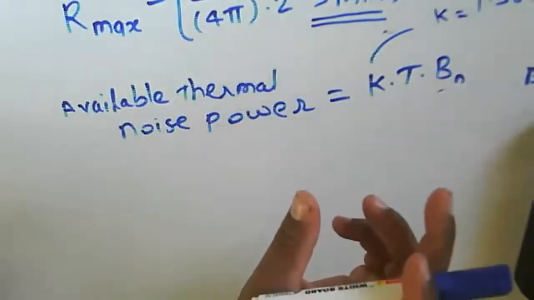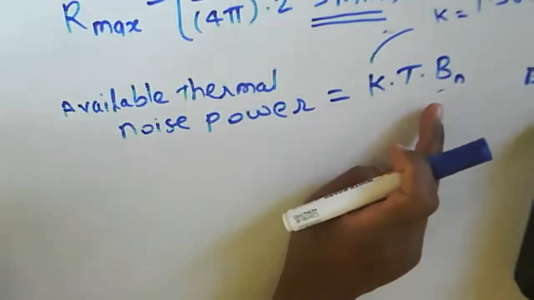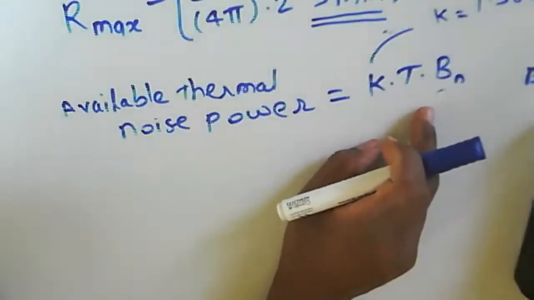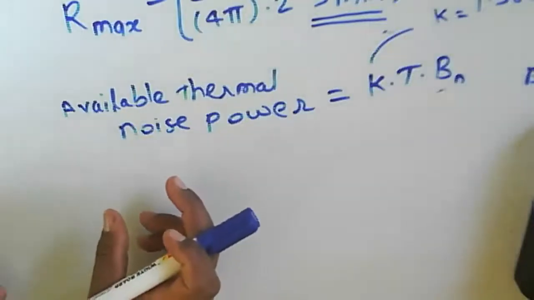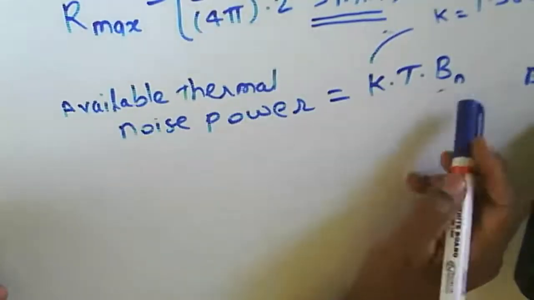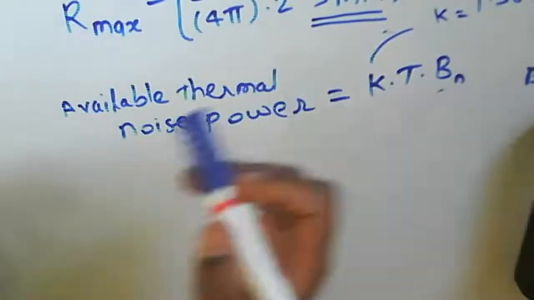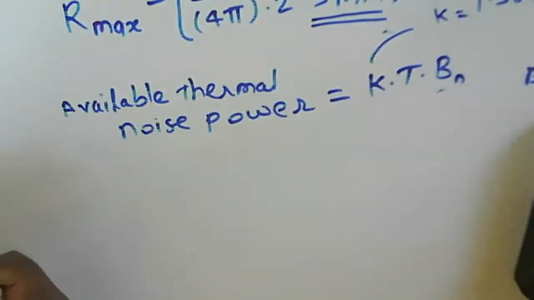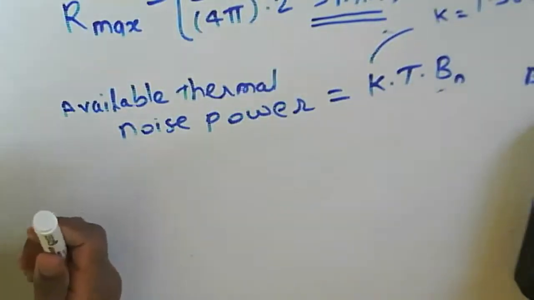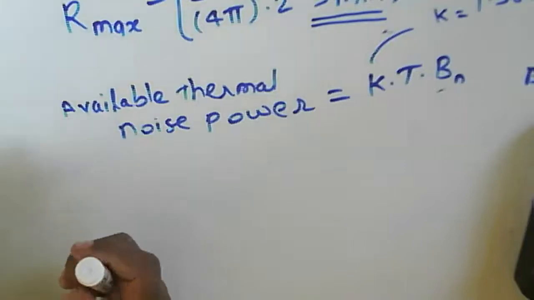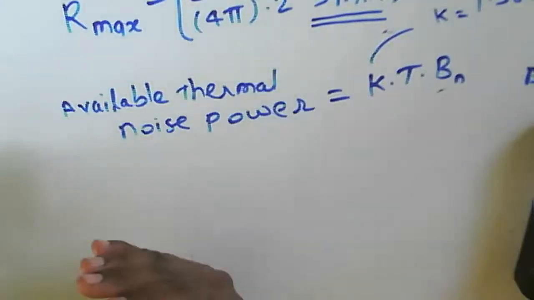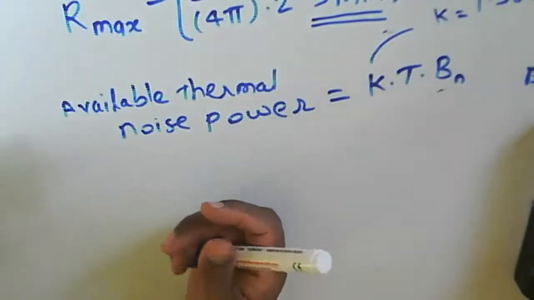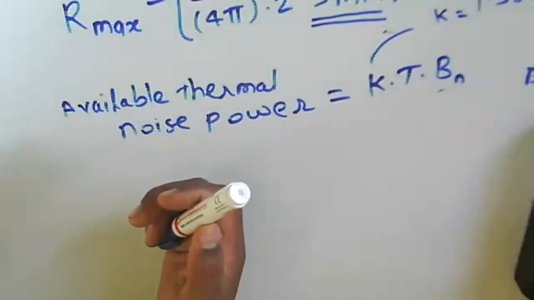Now the thermal noise will be given in terms of the noise bandwidth. But at a receiver, we need to know what the power received at the receiver is in presence of the noise.